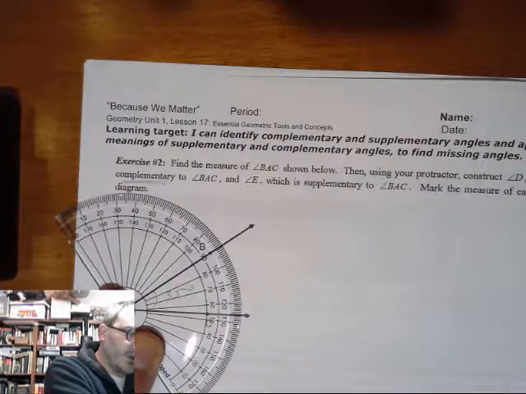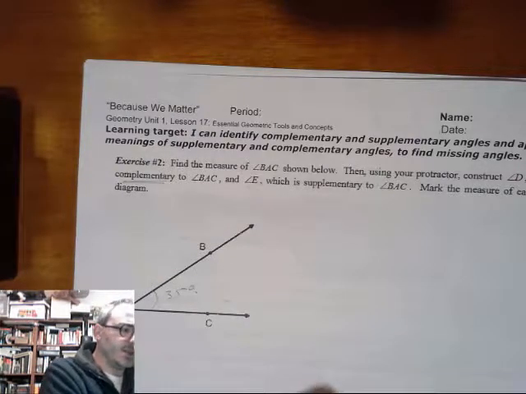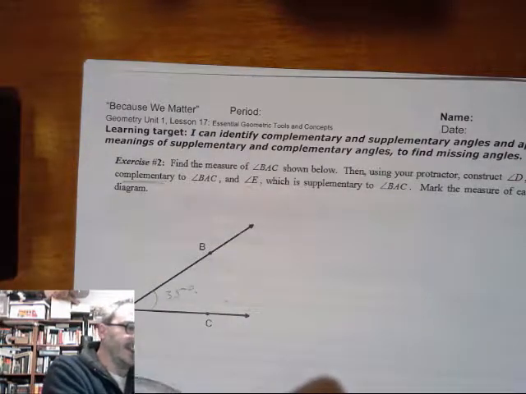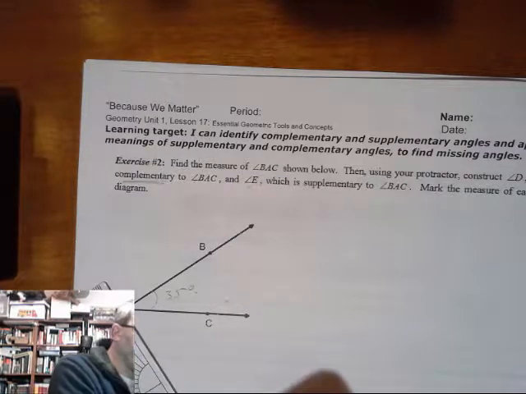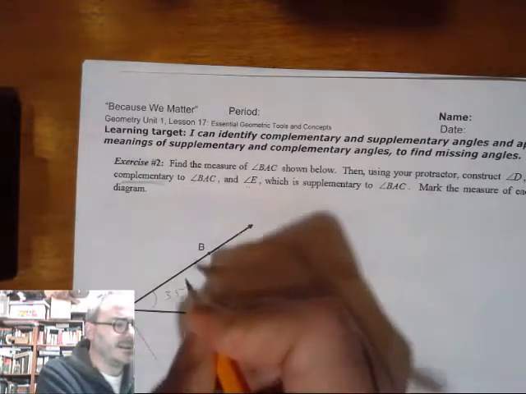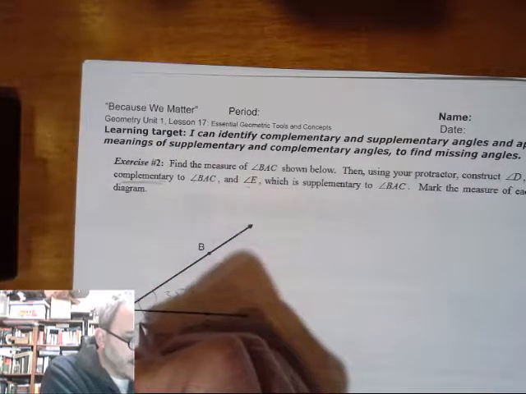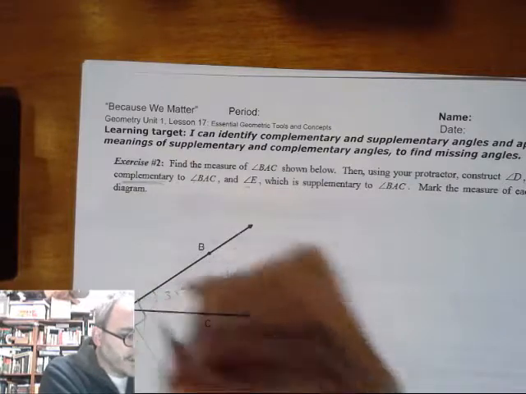It's got to be over here where the protractor says 0 or 180, right? This point right here, if I connect it to A, you see that nice 90-degree angle we just created? There it is. That whole angle measure there is 90 degrees.